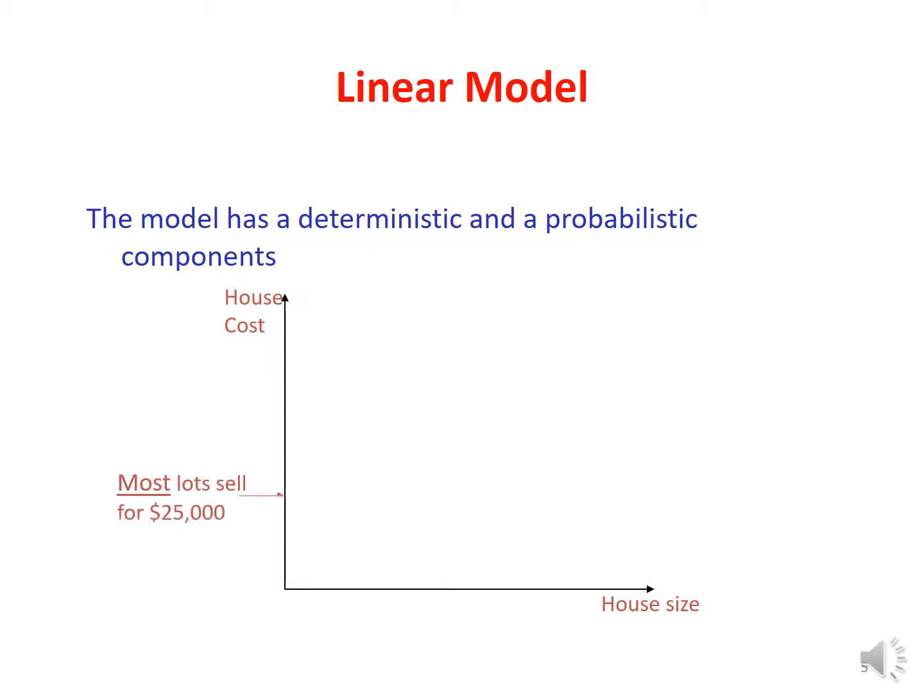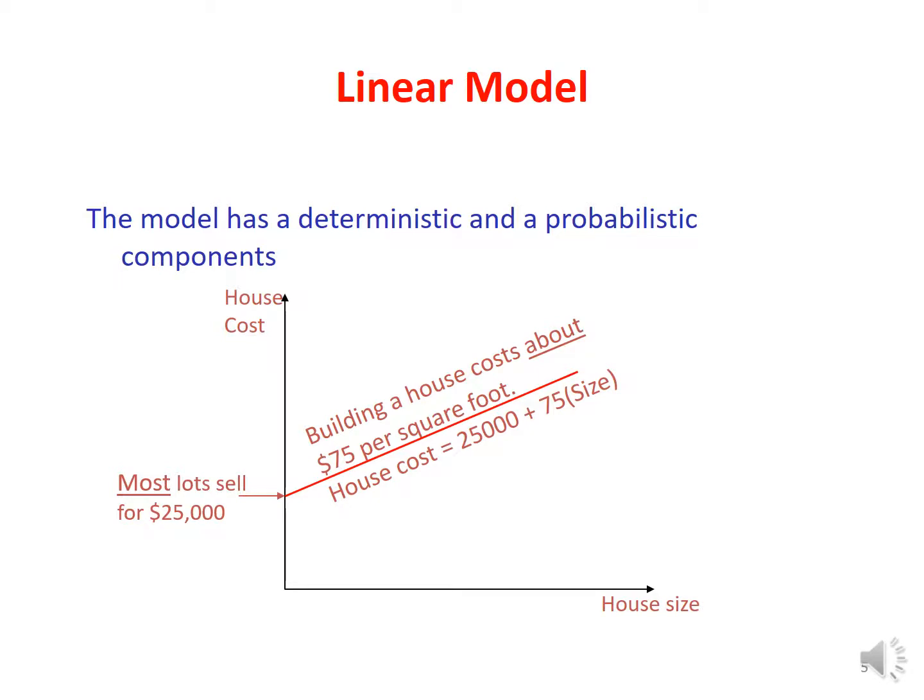Most houses sell for, say, a minimum of $25,000. Can be any amount. And building each square foot costs some amount, say $75 per square foot. Then you will get a straight line like this, where the line cuts the y-axis at $25,000. It's an intercept.